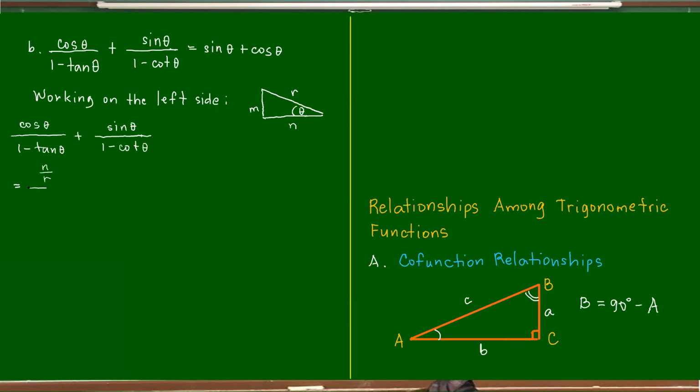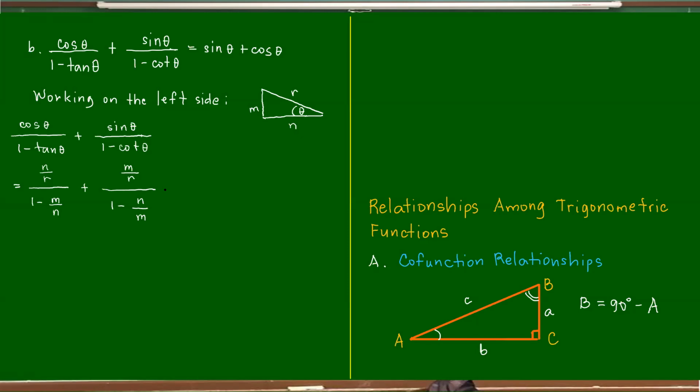All over 1 minus, what is tangent? M over n. Then plus sine theta, m over r, all over 1 minus n over m.